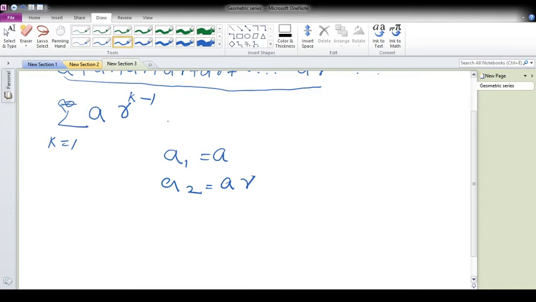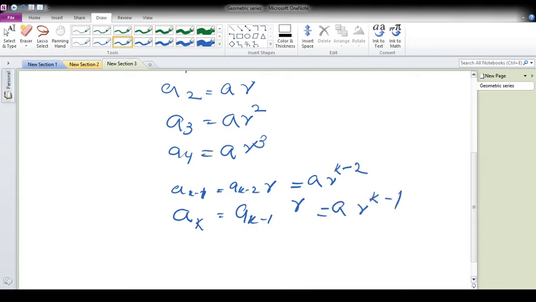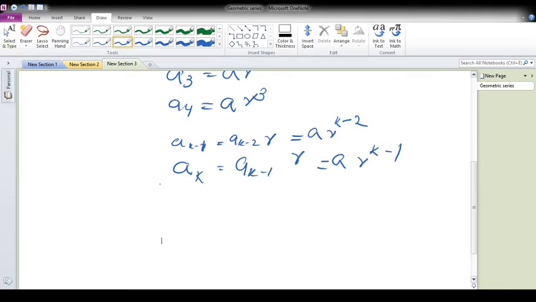The third term is a2 multiplied by r, so ar². a4 is a3 multiplied by r, so ar³. Similarly, a common number multiplied by the last term gives the next term. So the kth term ak is a(k-1) times r, and a(k-1) is a(k-2) times r, so this is a times r^(k-2). So here we got a r^(k-1). A common number multiplied by the last term gives the next term. Such a series is called a geometric series.